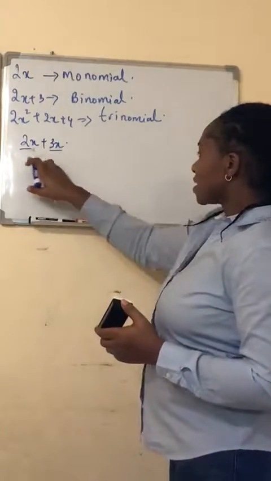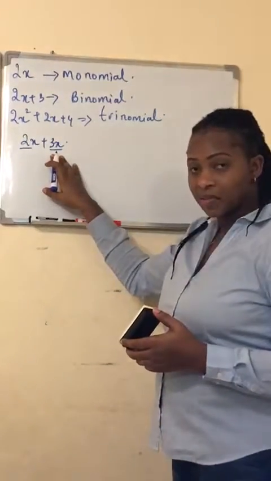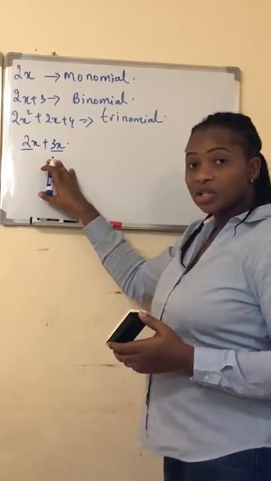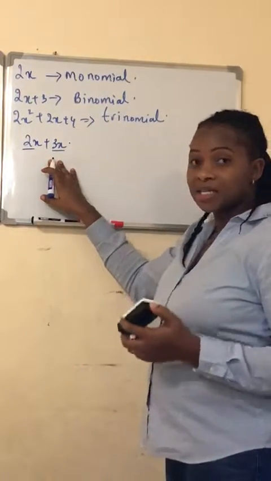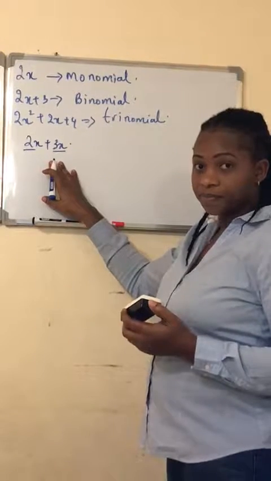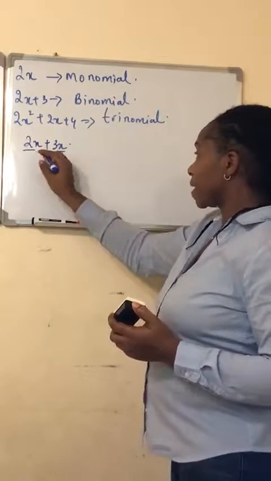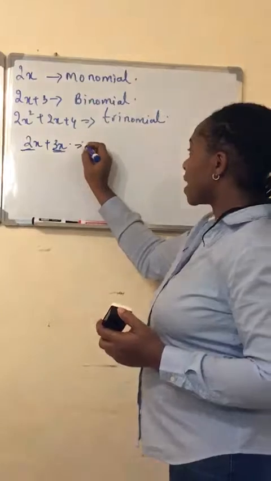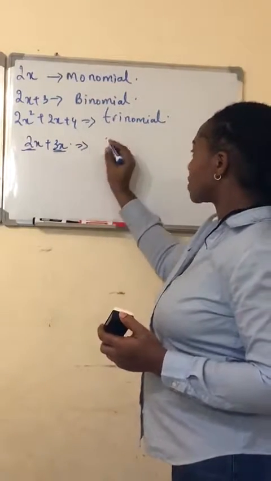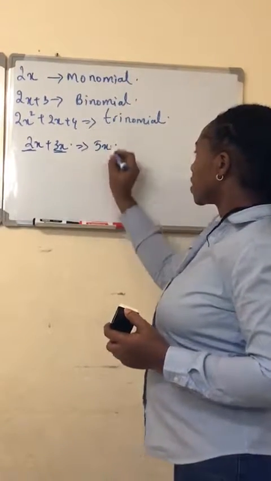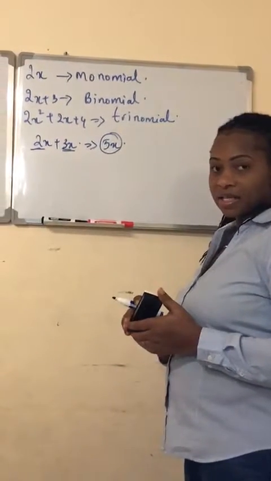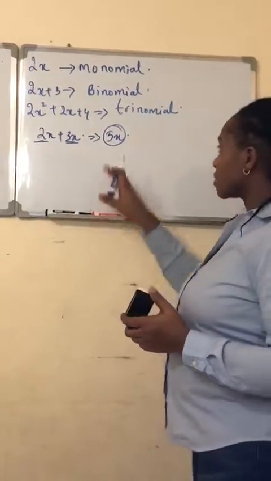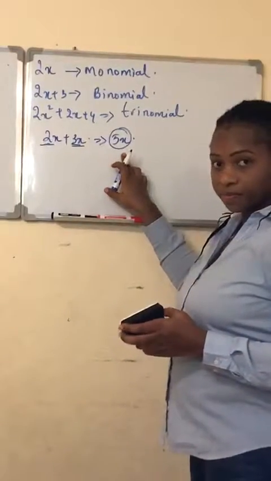Now I would like to answer this by saying these terms are not a binomial, because these two terms can be added together. This plus this gives us 5x. So it gives us a single term, and we can't refer to this as a binomial.